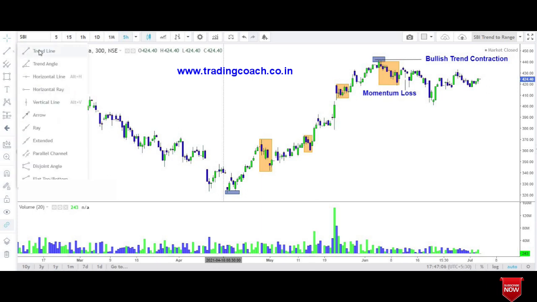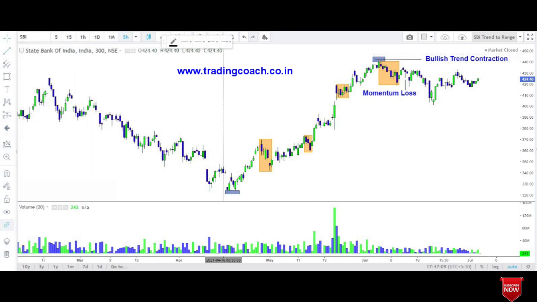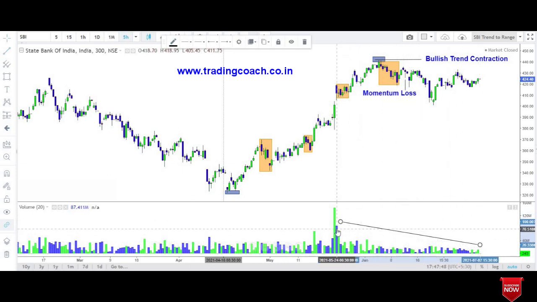At the same time, you can also notice one more thing. From the point of bullish trend contraction, you can see the volume is consistently declining, right? It is continuously losing volume. Why do we see this? It's because all the trading activity is decreasing. It's contracting. If you look at the previous volume, it was pretty high, and most of the trading was taking place normally.